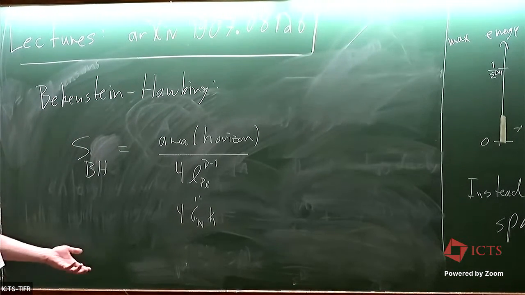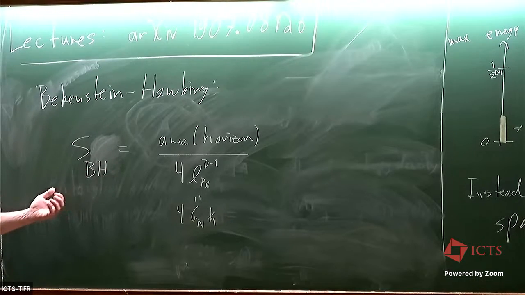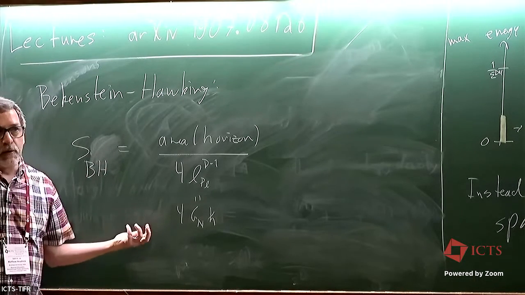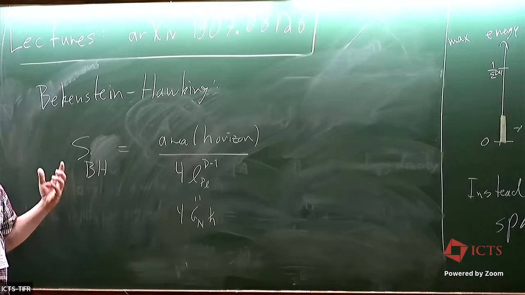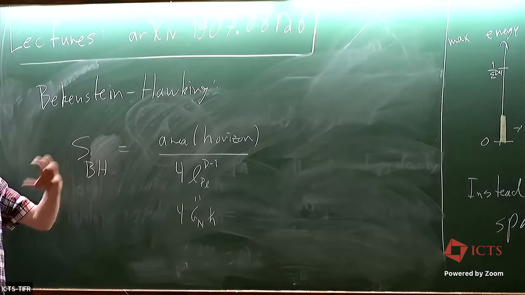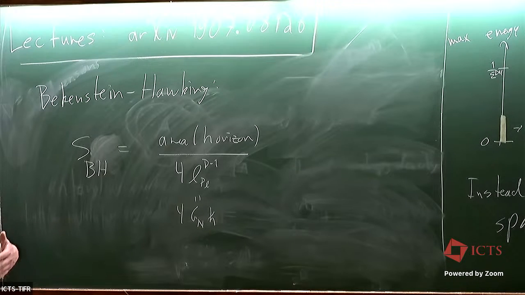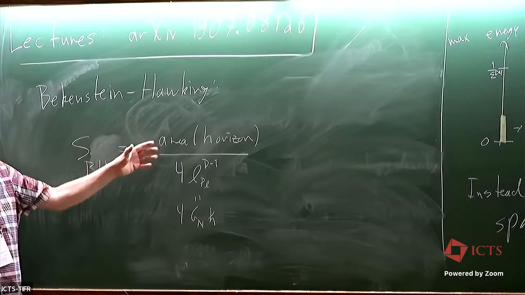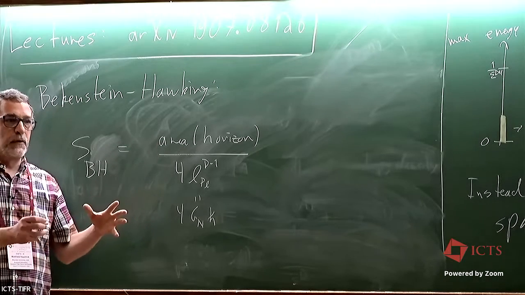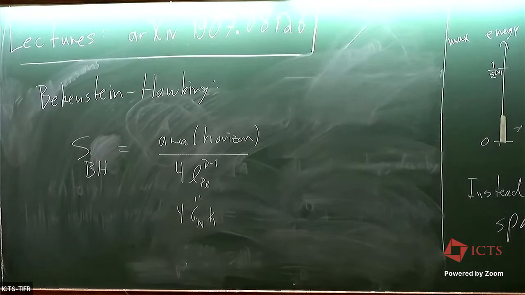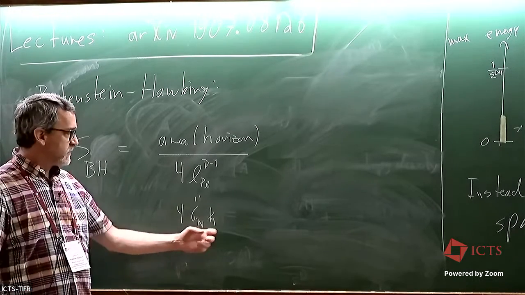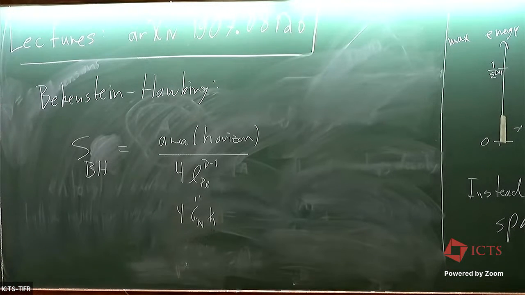They discovered this through a combination of understanding the classical mechanics of black holes and an analogy between the classical mechanics of black holes and the laws of thermodynamics, and then thinking hard about what happens to the area of the horizon when you throw something into a black hole, and figured out this relation, which is kind of the first quantum gravity formula ever, because it's quantum gravity because it has Newton's constant and h bar in the same formula.